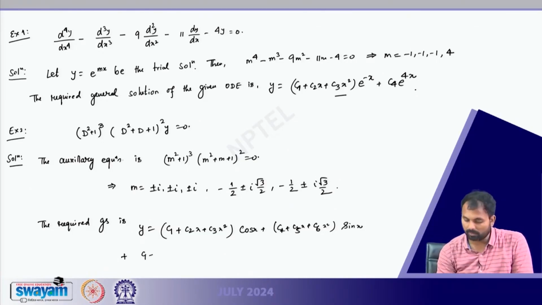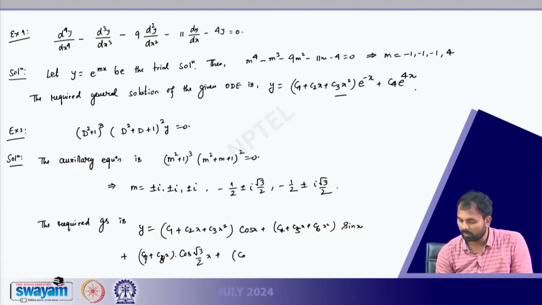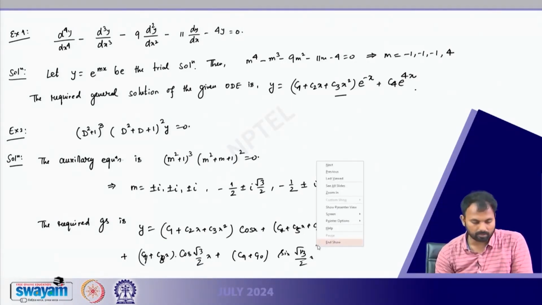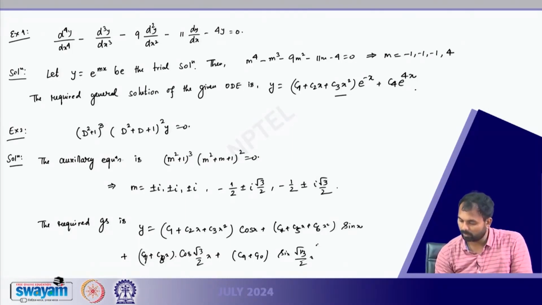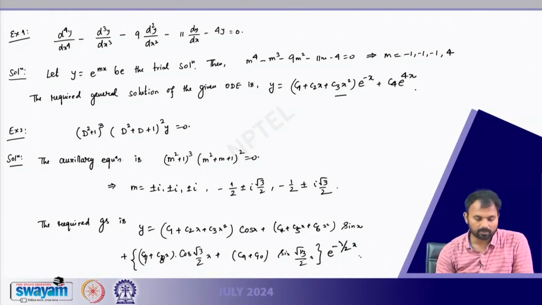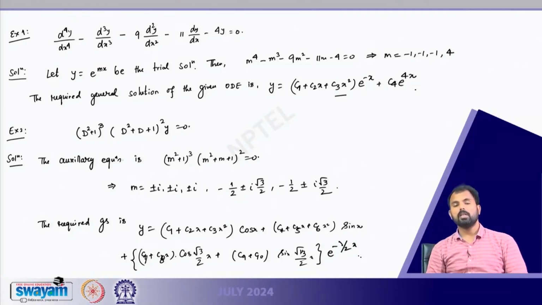Then we have (c7 plus c8x) cos of root 3 by 2 x, plus (c9 plus c10x) sin of square root of 3 by 2 x, into e to the power minus half x. Here c1, c2, c3 up to c10 are arbitrary constants.